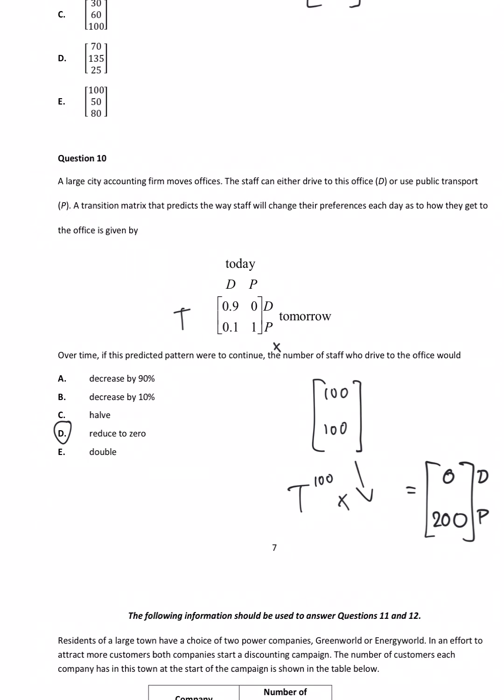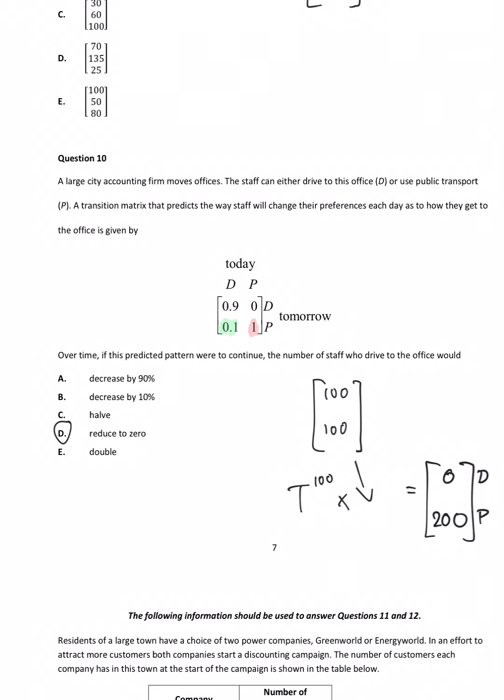The other way you can work this out is just by looking at the transition matrix up here. What you can see is that of the people who are in public transport, they're going to stay in public transport for the next day. And each day the drivers, 10% of those will go to public transport.